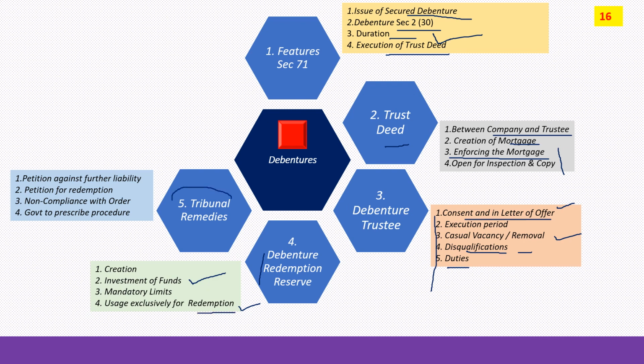And we also saw the help that we get from the tribunal when we approach them in anticipation of trouble or after the breach has occurred. And we also saw the discretion of the central government to prescribe relevant procedures.